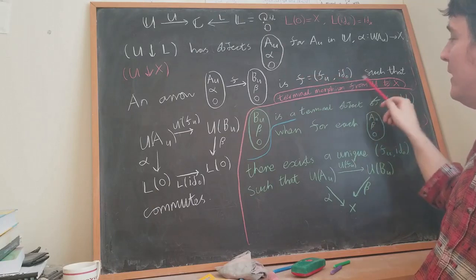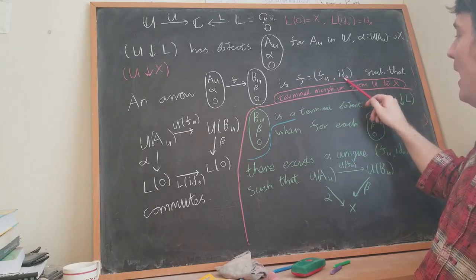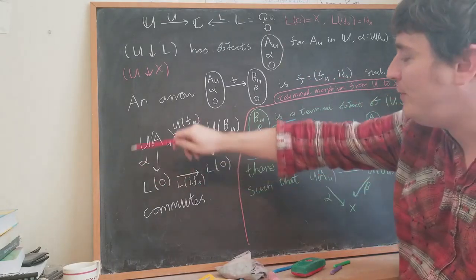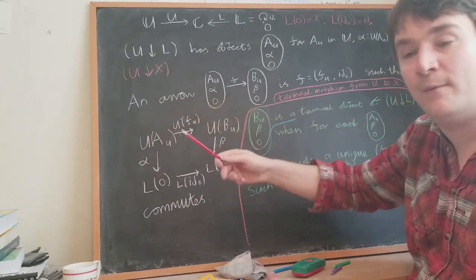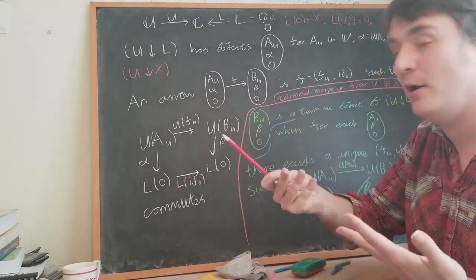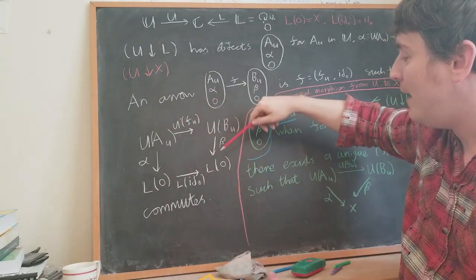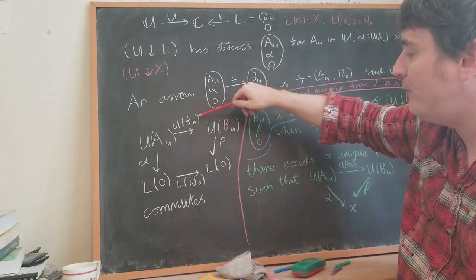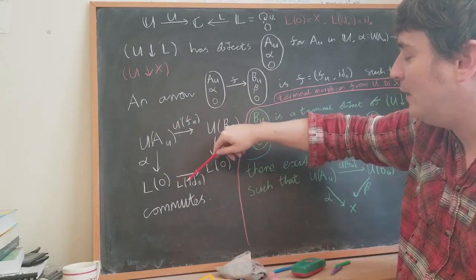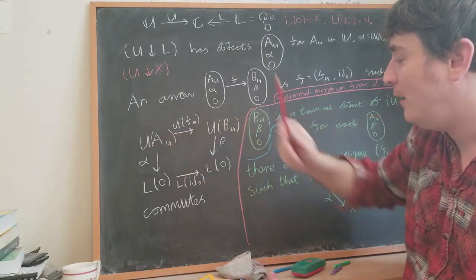So the arrows in this are pairs (f_U, id_0), and they have to be such that this diagram commutes. This is the definition of the arrows in a comma category. So we have that beta after U of f_U equals L of id_0 after alpha.